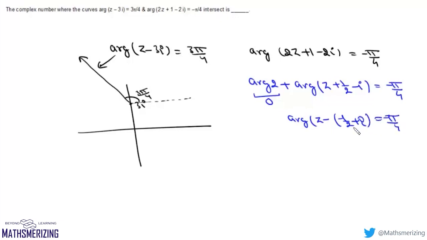Now we look at this point, minus 1 by 2 plus iota. So this point will be minus 1 by 2 plus iota, and here it makes an angle pi by 4. Now these two curves, they don't intersect at all. So the points where they intersect is none.